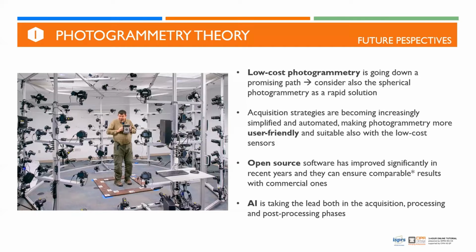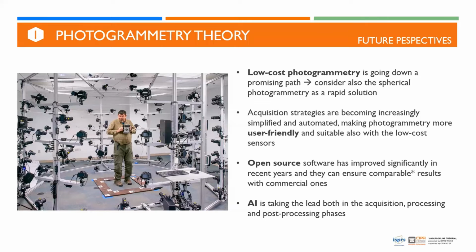And also you can consider spherical photogrammetry and the 360 cameras, for example, a rapid solution for rapid mapping and any other things, also for cultural heritage. In the last years, the acquisition strategies are becoming increasingly simplified and automatic, making photogrammetry more user-friendly and more suitable, also with the low-cost sensor.